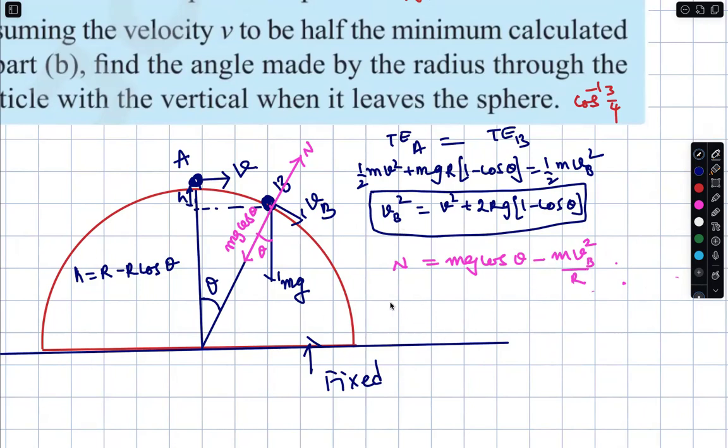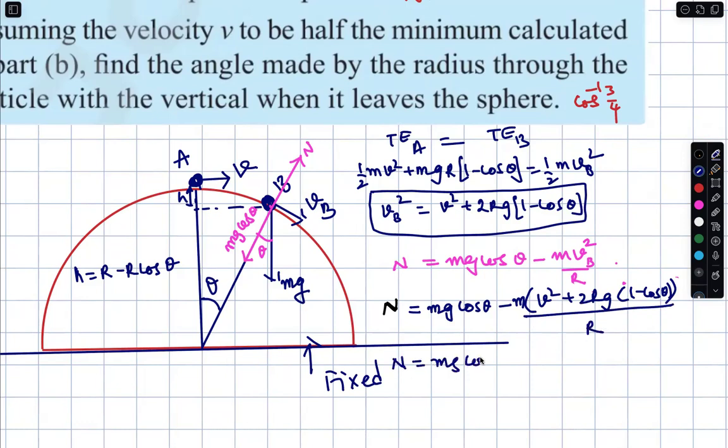I have substituted. Now what is it that you are getting here? This r and this r get cancelled.